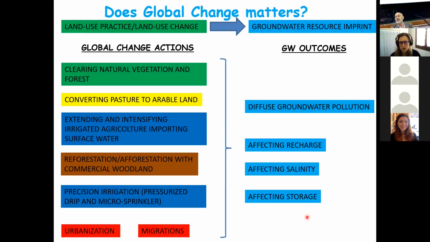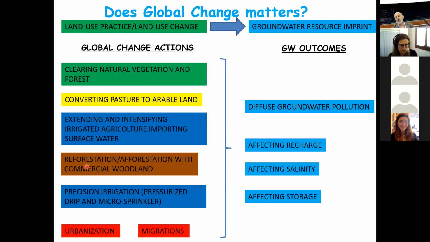And all this process induces some strong modification of different aspects. We can call them global change actions. Basically, all these are related to the modification of land use. For example, clearing natural vegetation and forest. For example, converting pasture to arable land. For example, the intensifying of irrigation agriculture with the importing of surface water.